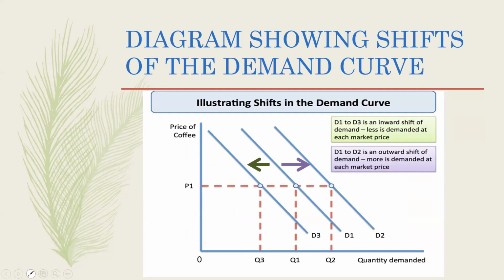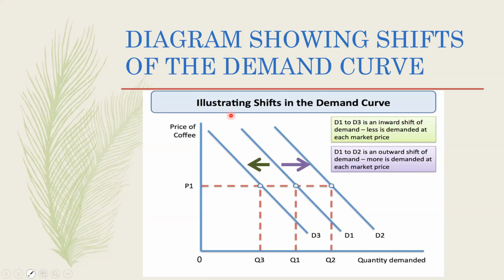So for shifts of the demand curve, we are looking at price being constant, but price is not the factor we are looking at here. We're looking at other factors, non-price factors, that will cause the shifts of the demand curve.